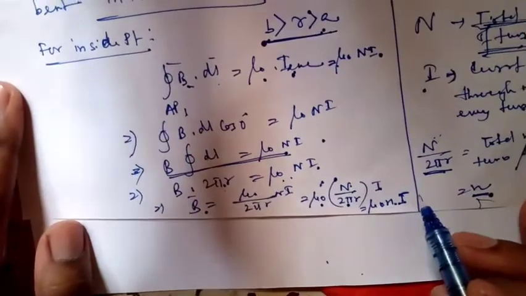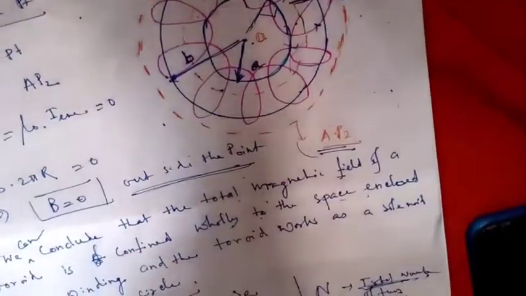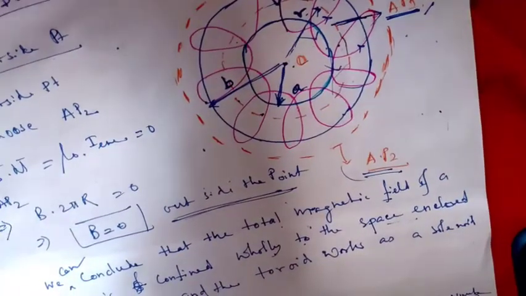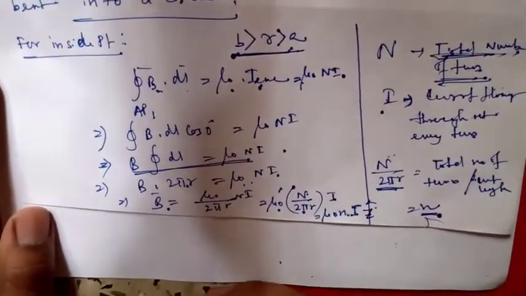Now current flowing in this direction, so magnetic field is along the positive upward direction. If we choose upward direction as z cap, then B equal to mu 0 n I into z cap.